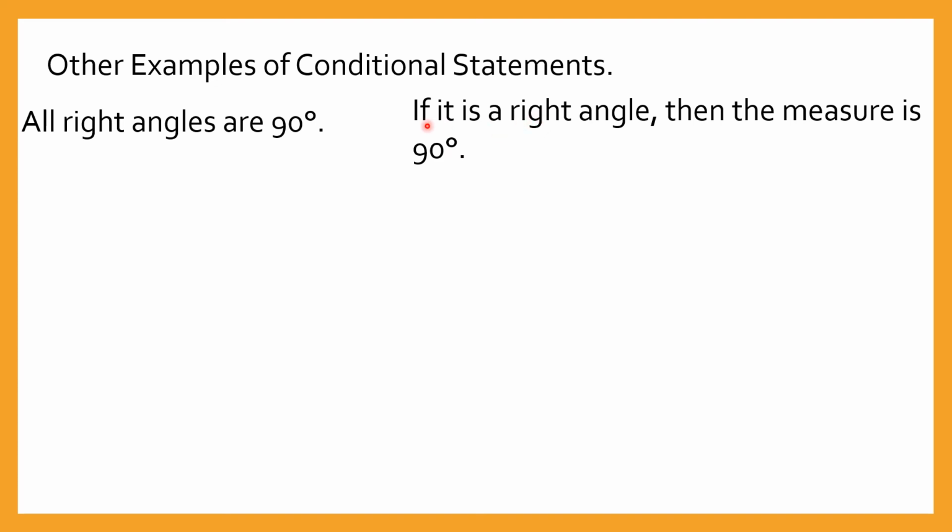It doesn't necessarily mean that you have to write the same words as I have here. You can write that if the angle is right, then it has a measure of 90 degrees. So here is the hypothesis, of course, and the conclusion is the measure is 90 degrees.